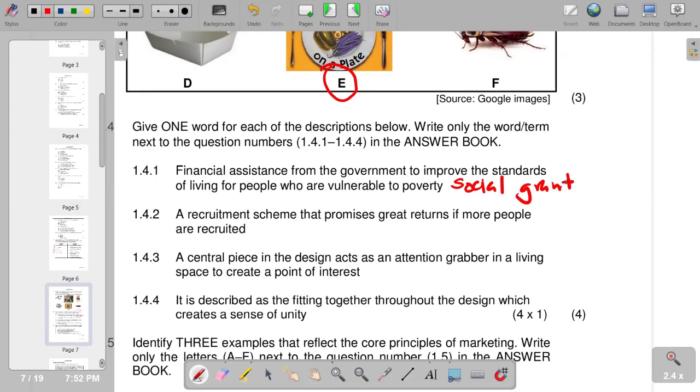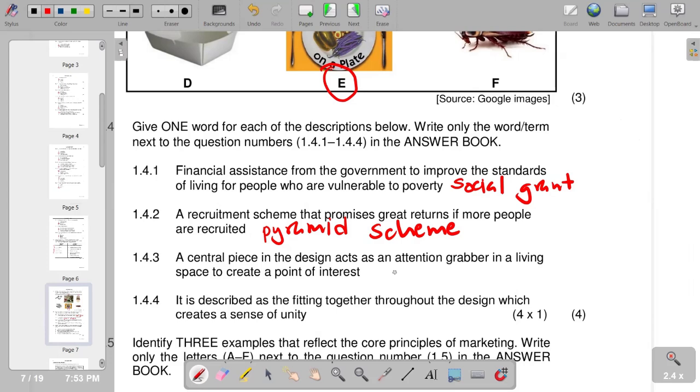And we've got a recruitment scheme that promises great returns if more people are recruited. This is a pyramid scheme. A central piece in the design acts as an attention grabber in a living space to create a point of interest.